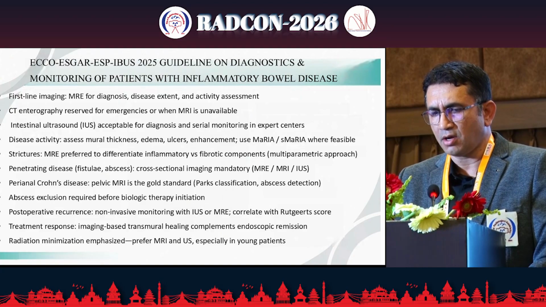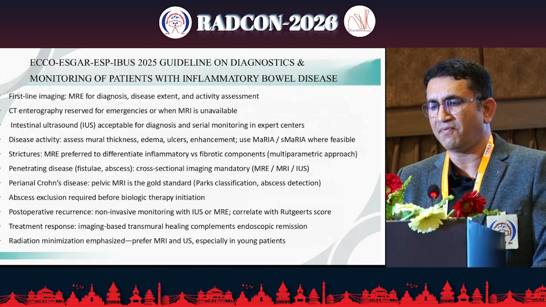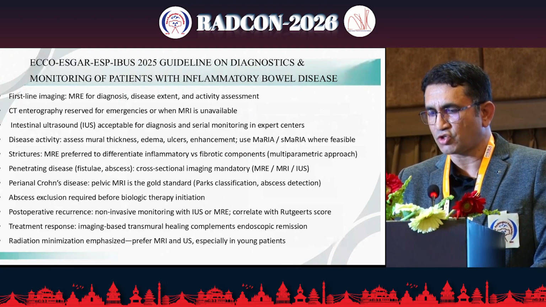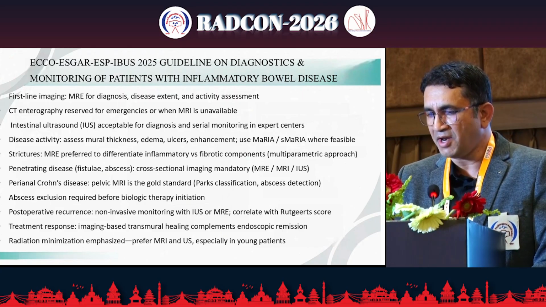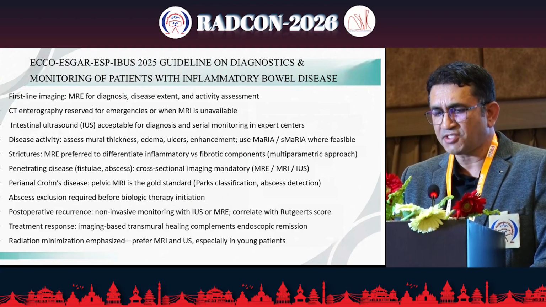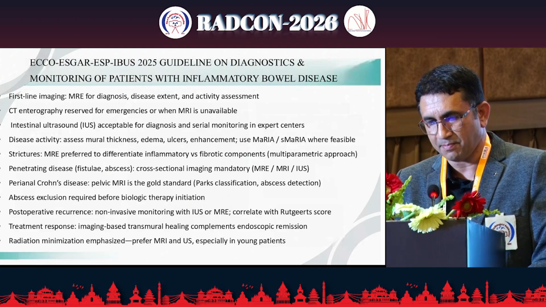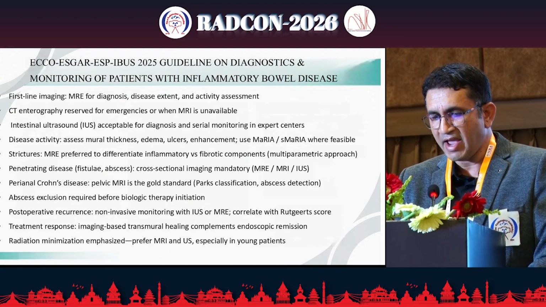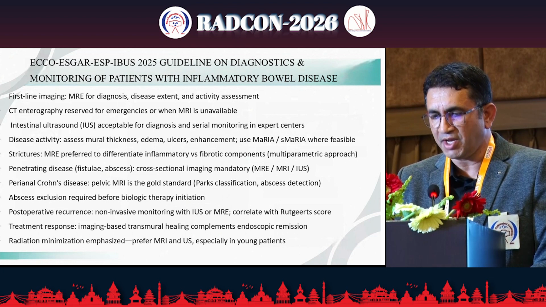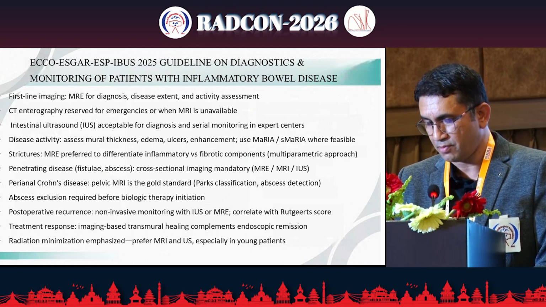For stricture, MRE is preferred to differentiate inflammatory versus fibrotic components. For penetrating disease, always cross-sectional imaging, MRE, MRI, and IUS. Abscess drainage should be required before biological therapy initiation. And for post-operative recurrence, generally non-invasive monitoring with IUS or MRE, and we can correlate with the Rutgeerts score.